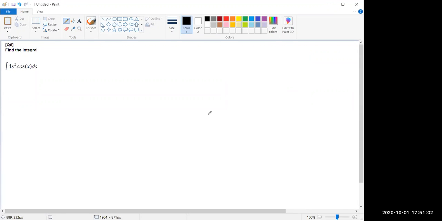I believe this one's integration by parts. You can tell because it's a product of two functions. Does anyone know how many times we need to do the by parts formula for this question? Yeah, you need to do it twice here.